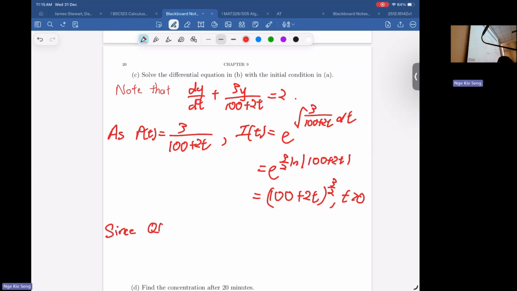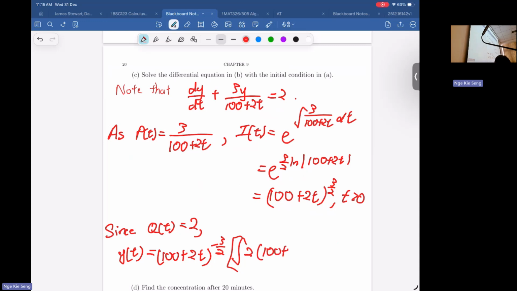Since q(t) equals 2, y(t) will become 100 plus 2t to the minus 3 over 2 times the integral of the integrating factor times q(t). So q(t) is 2, times 100 plus 2t to the 3 over 2.